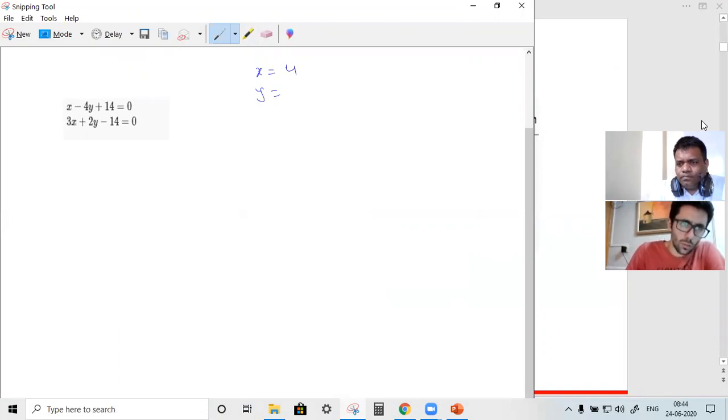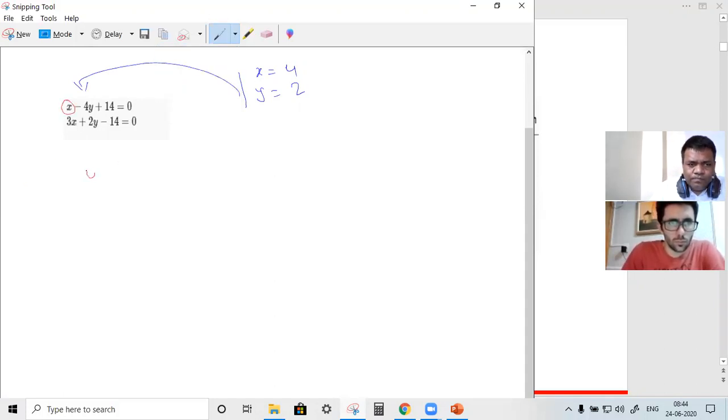And Y? 2. Let us say you are right. So you need to put these in the given equation. If they satisfy, you are right. I put X is equal to 4, Y is equal to 2. Is it 0? No. Then you are not right.